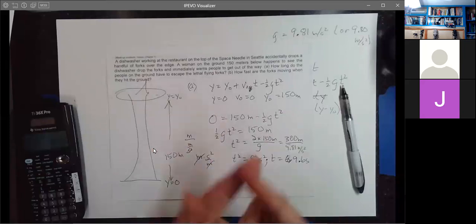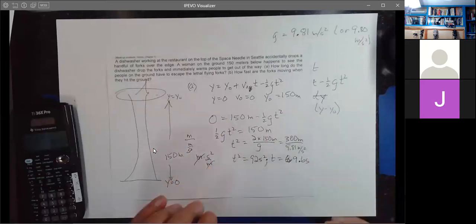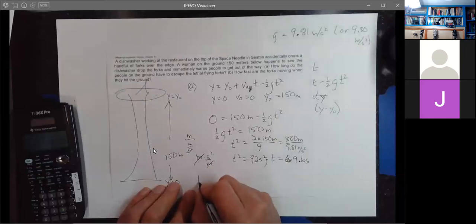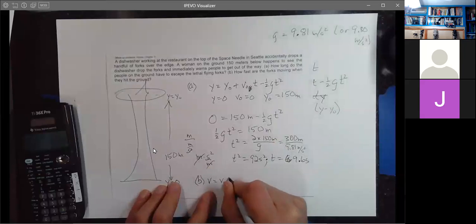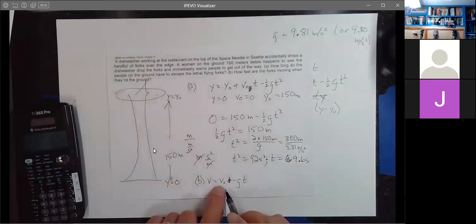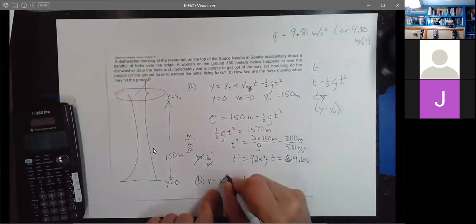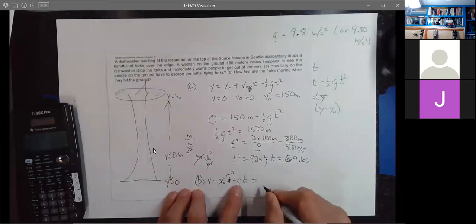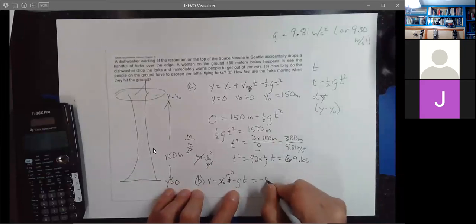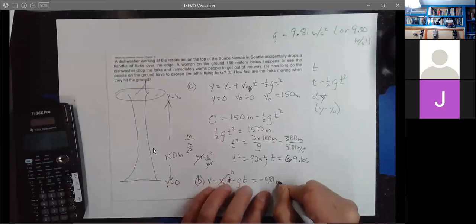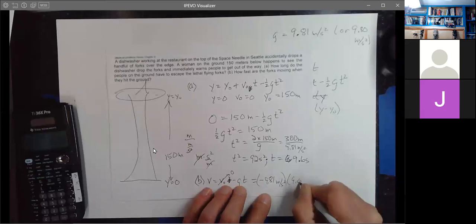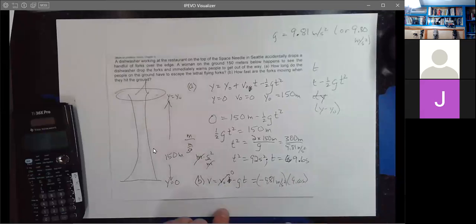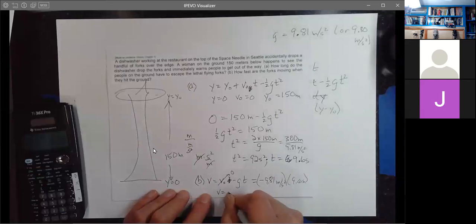Then it says, how fast are the forks going when they hit the ground? How fast? That's velocity. So for part B, I want to know, v is equal to v naught plus or minus gt, but v naught is 0, so it's just going to equal minus g, which is minus 9.81 meters per second squared, times my 9.6 seconds, and I'll be down to 2 significant figures when I'm done here, and I get a minus sign.